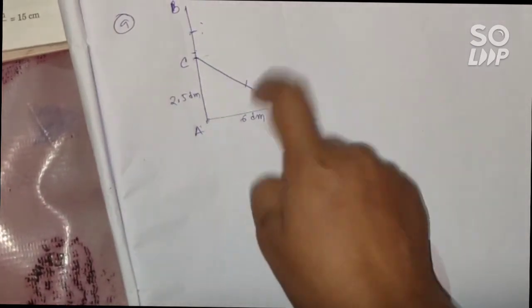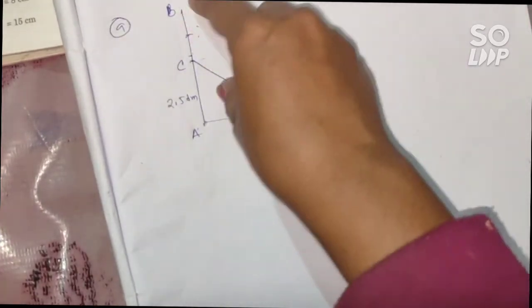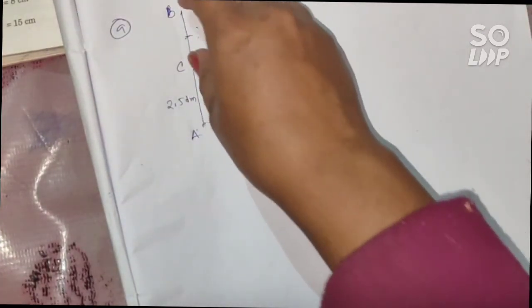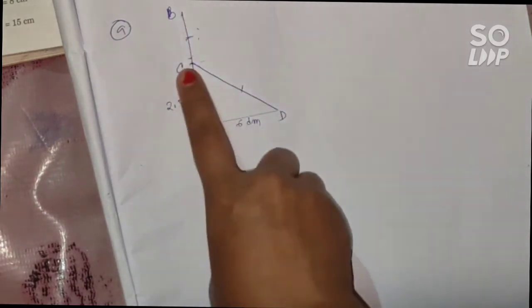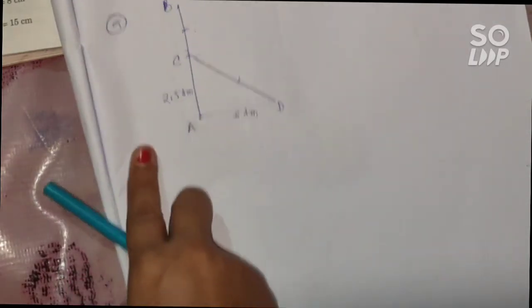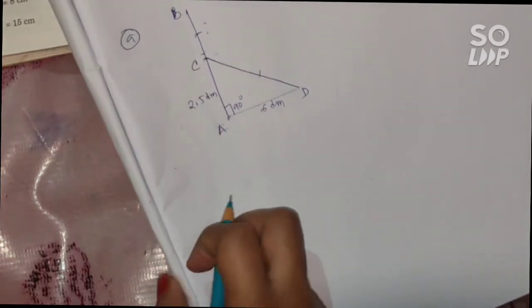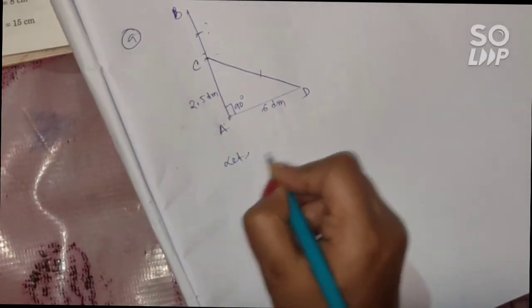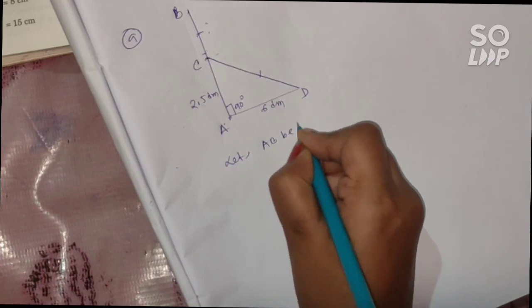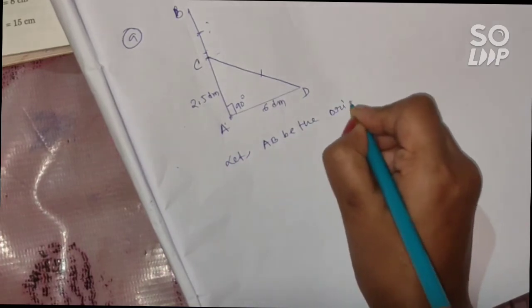If you can find CD and this is also equal with BC, so you can find BC. If we can find CD, we can find BC. So this is 90 degree. So in right angle triangle, let AB be the original height of the tree.